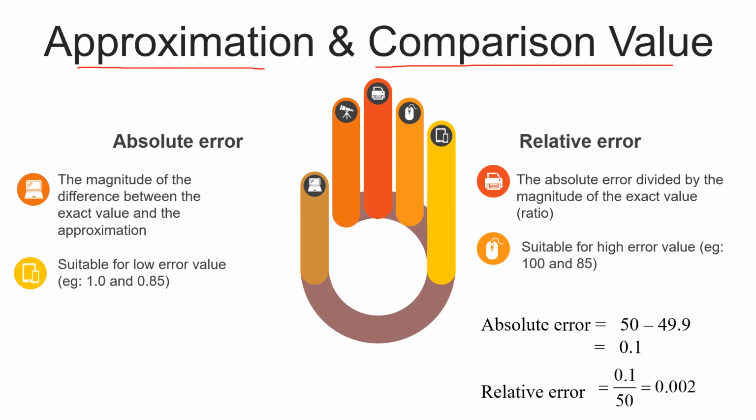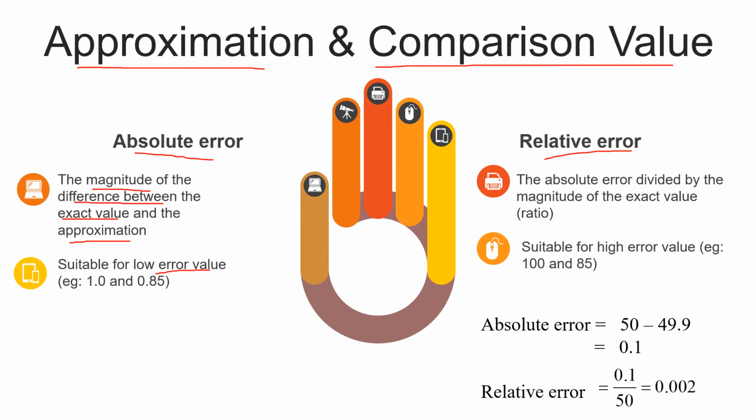So there are two types of error, which is the absolute error and relative error. So absolute error, the magnitude of the difference between the exact value and the approximation. So the difference between the exact value yang sebenar dan juga value yang kita anggarkan itu dipanggil sebagai absolute error. So suitable for the low error value.